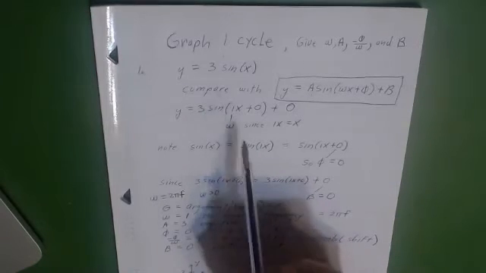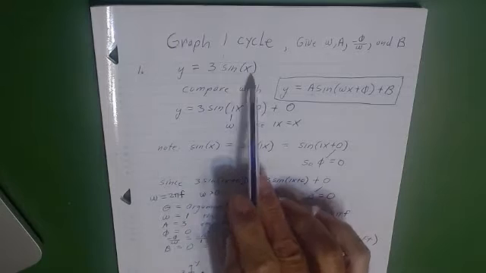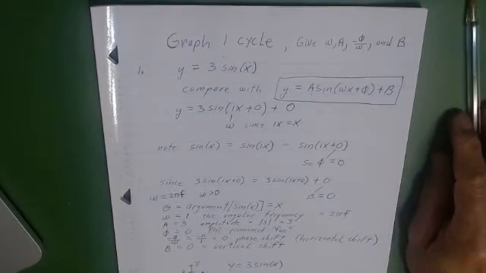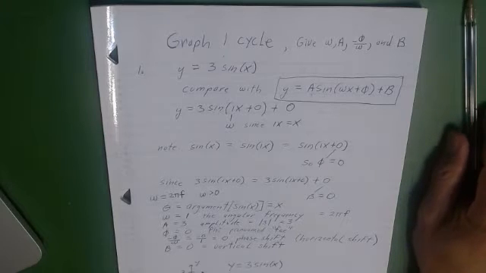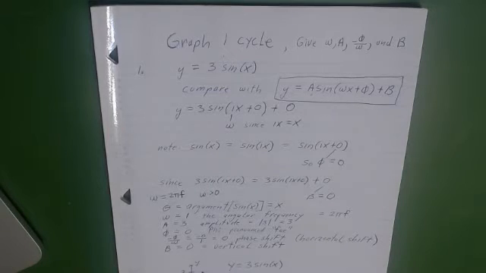Okay, so the first problem, it was just y equals 3 times sine of x. Now sine of x, hopefully everybody knows now, is just a basic function, and let me draw it out here.